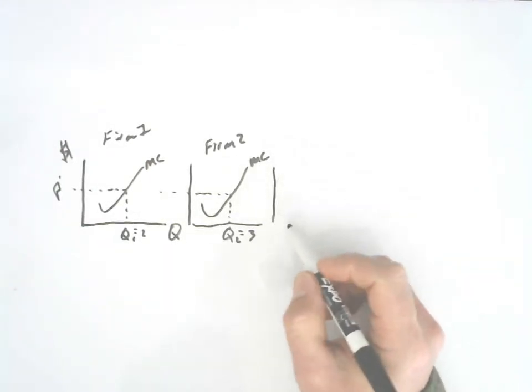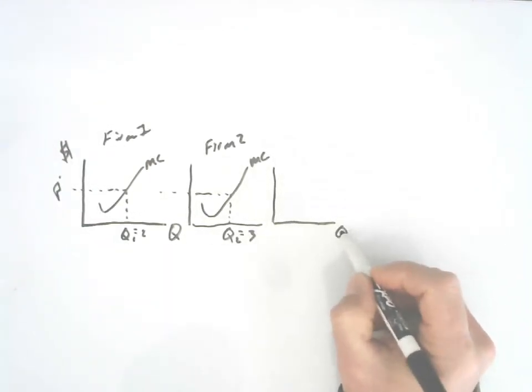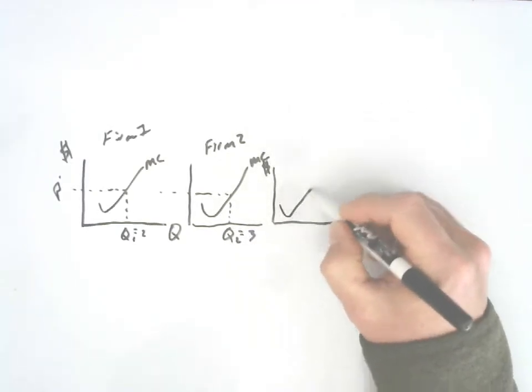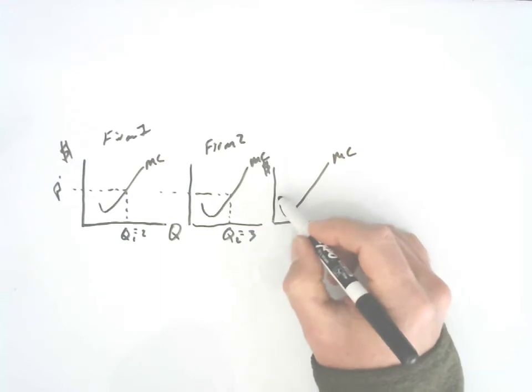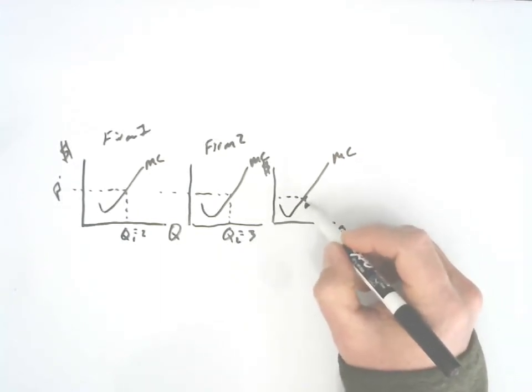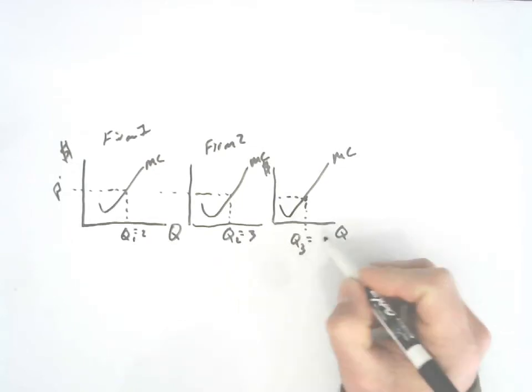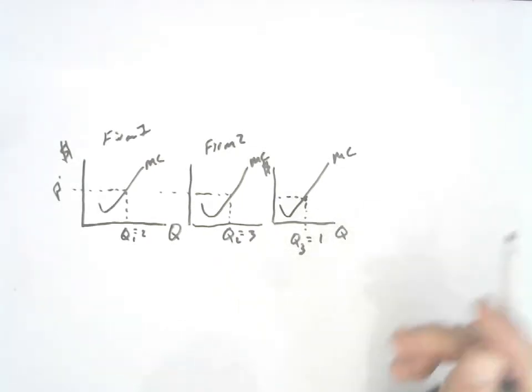Assume we have a third firm over here that's also in the perfectly competitive industry, and they produce Q3 units and say that's equal to 1 unit.